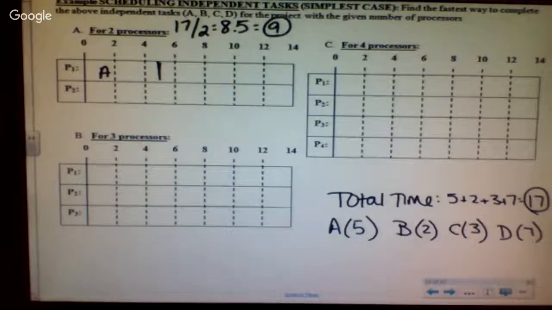That tells me that we work on A up till 5 minutes. After A, we're now going to do C, which takes 3 minutes. When is processor 1 going to be completely finished? 5 plus 3 is 8.